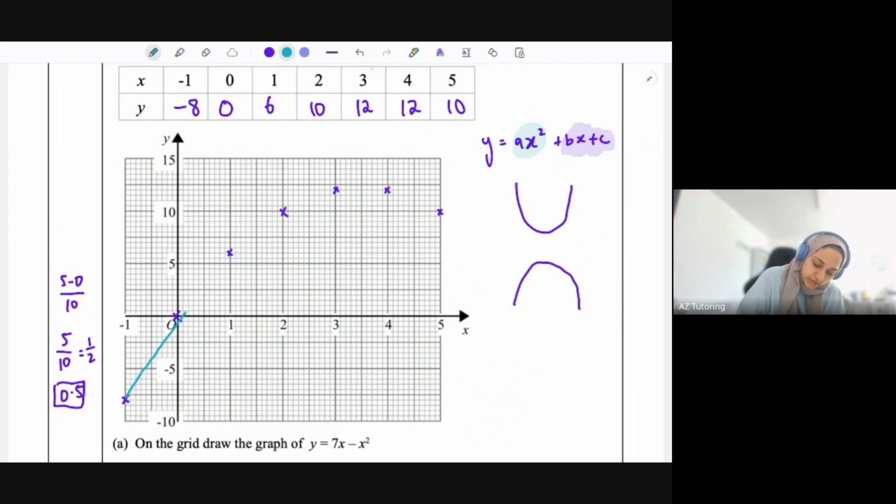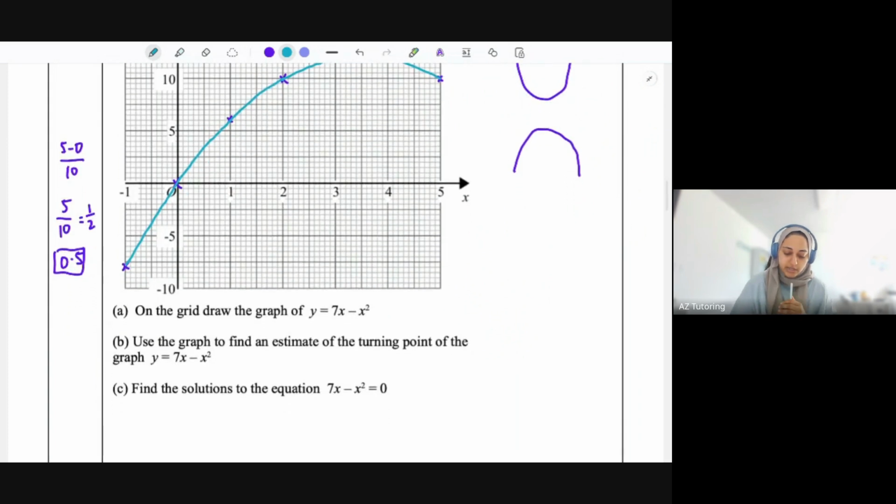It's a bit tricky doing it on a tablet compared to paper. But yeah, it has to just be a smooth curve going down like so. Okay, perfect. So yeah, they only give you the marks if it's a smooth curve drawn and not dot to dot.